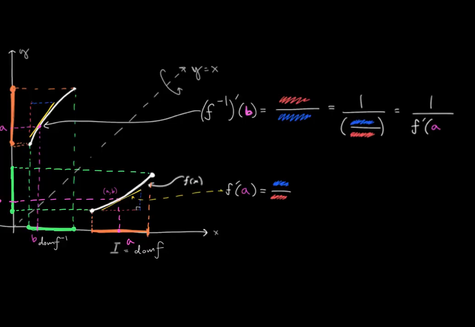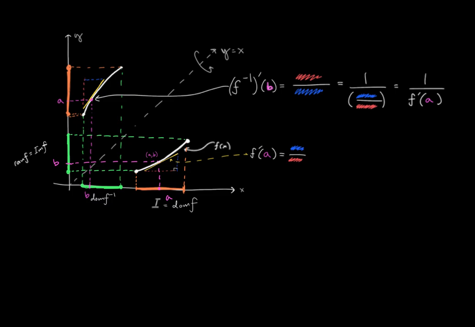So to summarize, I think I'm going to use this as my sort of proof. This is not an official proof, but this is almost the better way to think about mathematics: draw it and convince yourself of it first. So the facts that we have right now are that f inverse prime of b is equal to 1 over f prime of a.